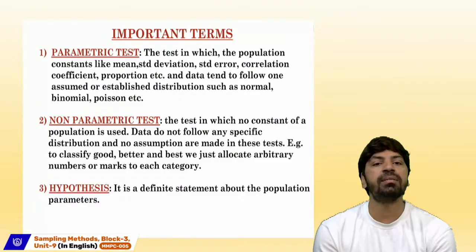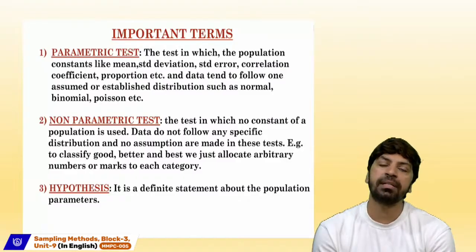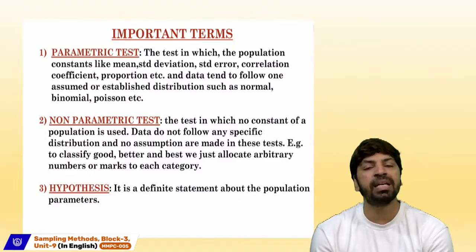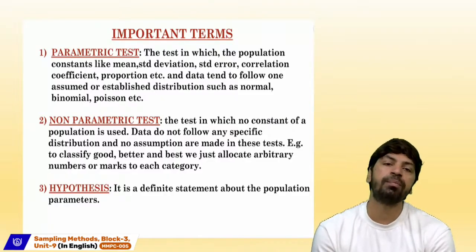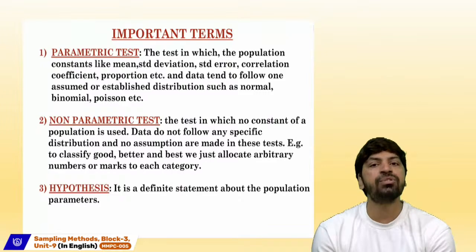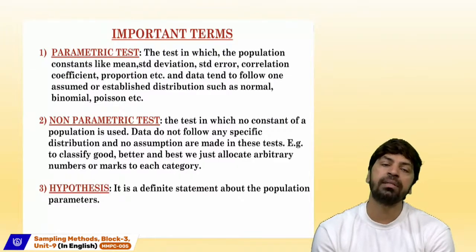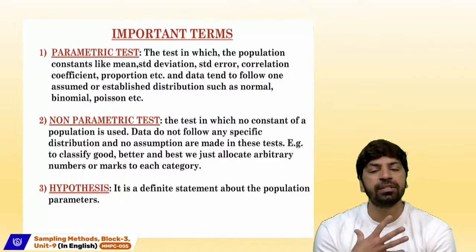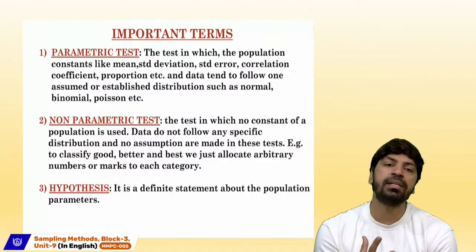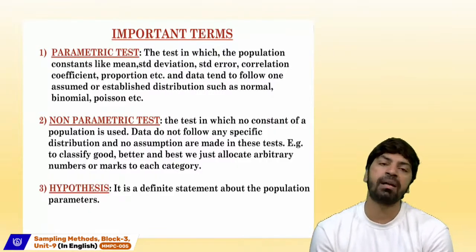The first one is the parametric test, a test in which population constants like mean, standard deviation, standard error, correlation coefficient, and proportion are used, and the data tends to follow one assumed or established distribution, that is normal, binomial, or Poisson. Any test which follows at least one assumed or established distribution out of these three becomes a parametric test.